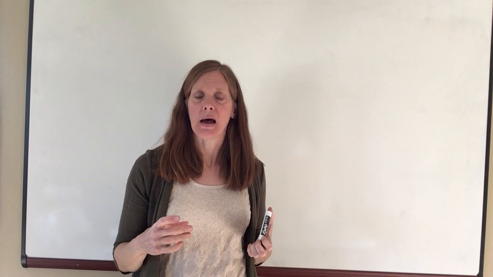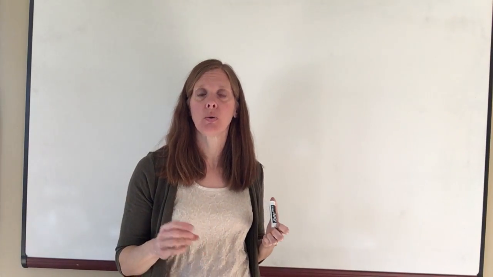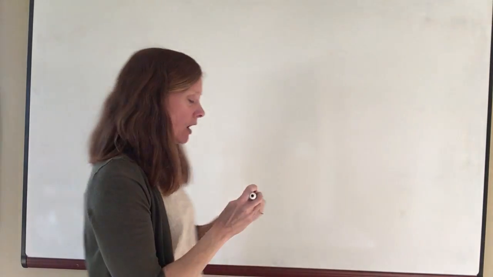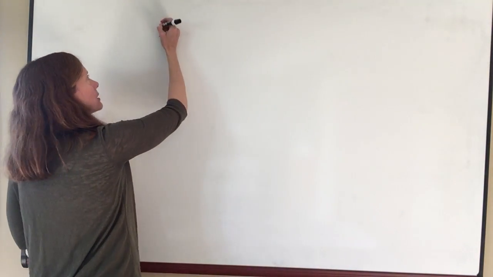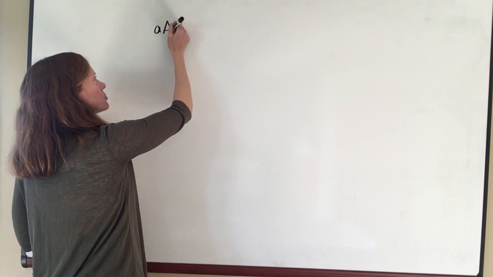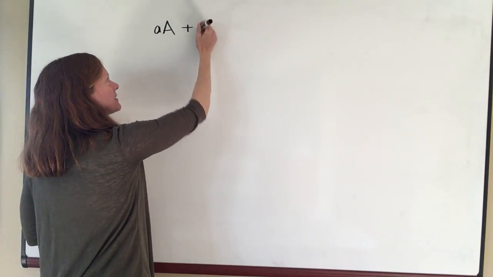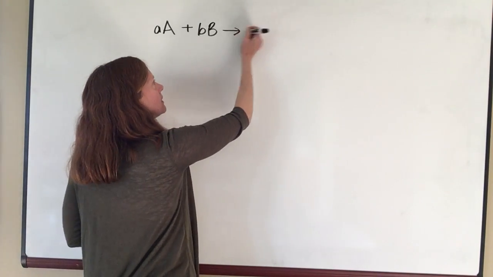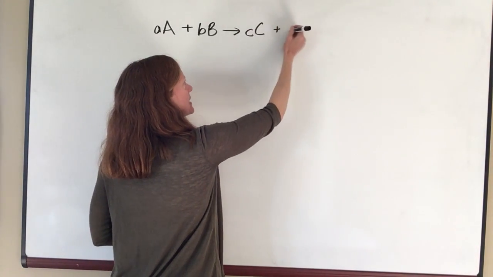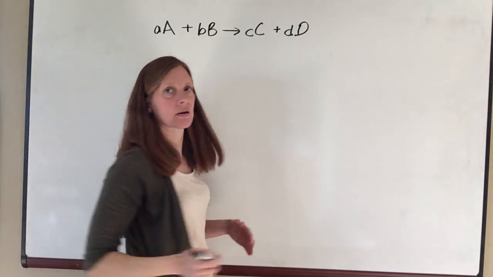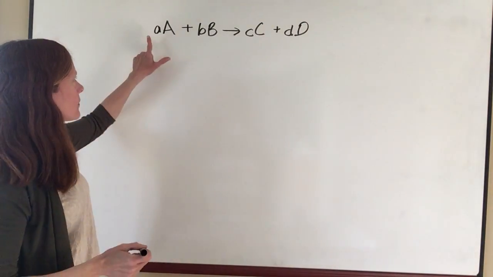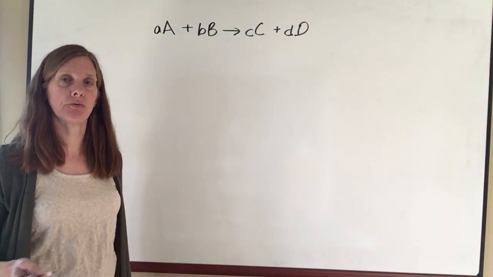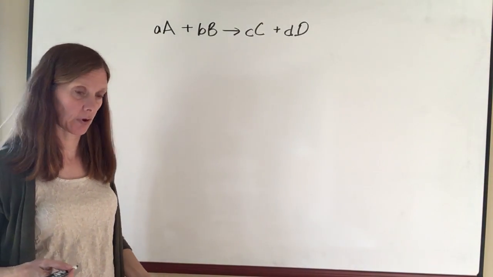All right, now when we talk about a reaction rate, what is true is that the equation for the reaction has nothing to do with how I write the rate equation, okay? So let's assume that I'm talking about a very generic reaction, where I have reactant A reacting with reactant B to make product C and product D. The little letters are simply the coefficients in the equation, the numbers that you put in front in order to balance them, okay?